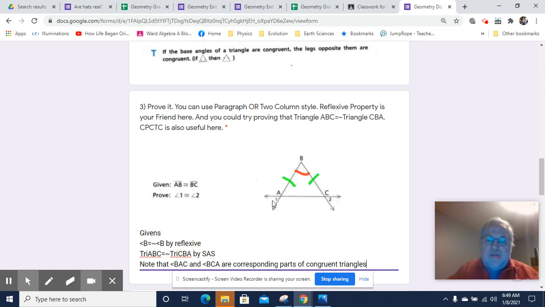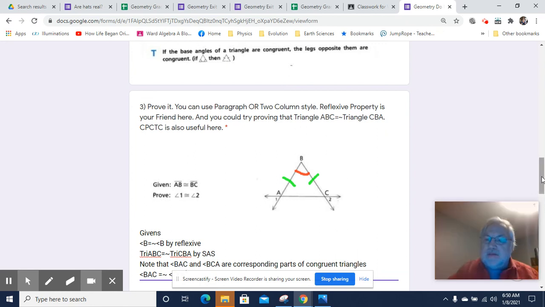Now, all along, I've been trying to prove angle 1 and angle 2 are congruent. And to do that, I kind of need to prove that these angles are congruent, because then I can use vertical angles. Vertical angles of congruent angles will be congruent. Okay, so now I can say that angle BAC is congruent to angle BCA.